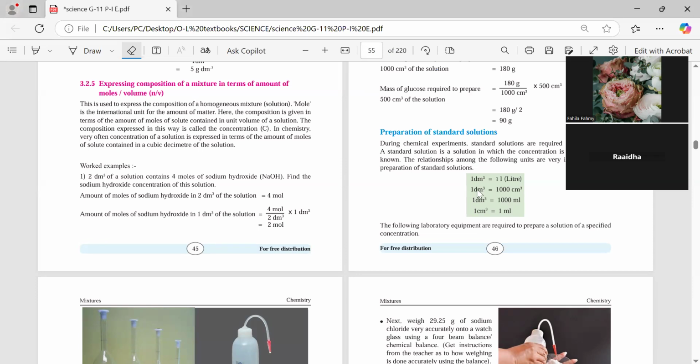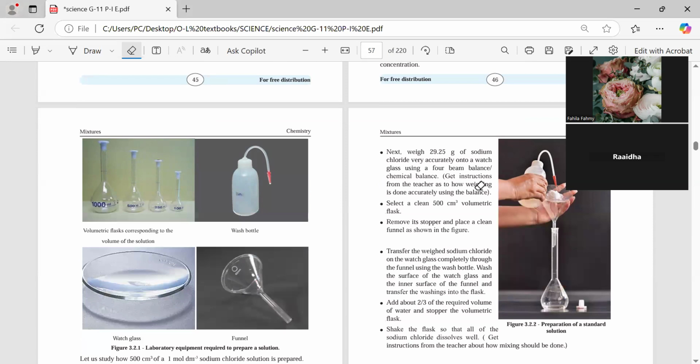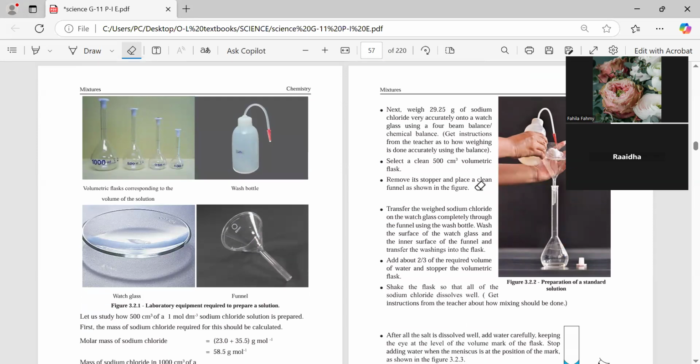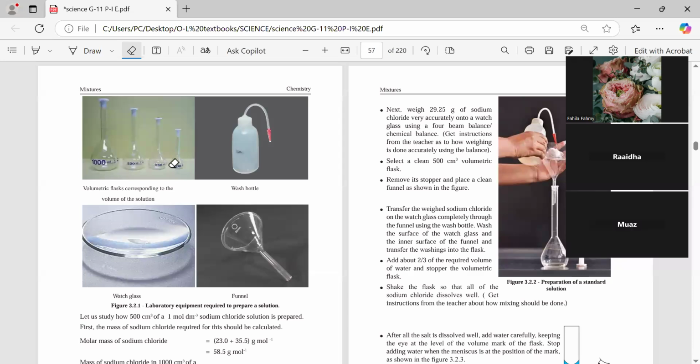So over here, as you go down, these are the equipments that we'll be using to prepare different solutions with different concentrations. You can see these are volumetric flasks, the watch glasses, the funnels, the wash bottle. So the wash bottle, what do we use it for?